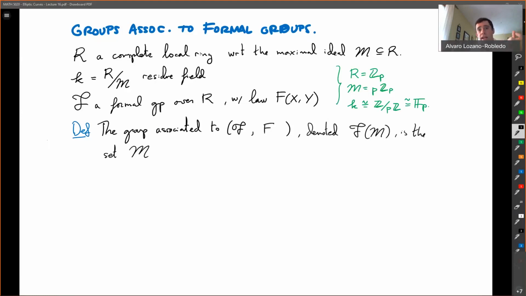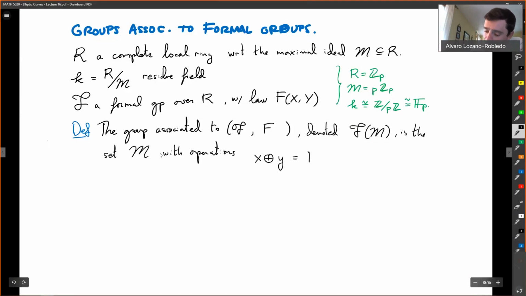So we're going to change that addition and put another addition instead of that one, with operation x plus y, now instead of just adding in the maximal ideal, I'm going to add using my capital F, for any x and y in the maximal ideal, and the inverse.